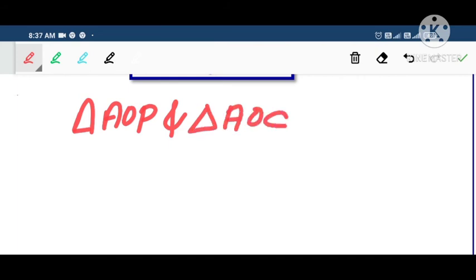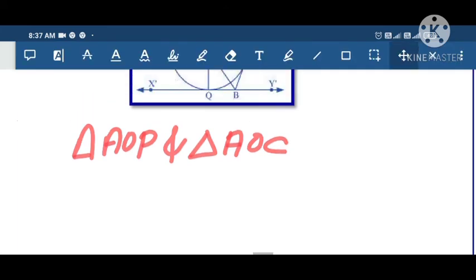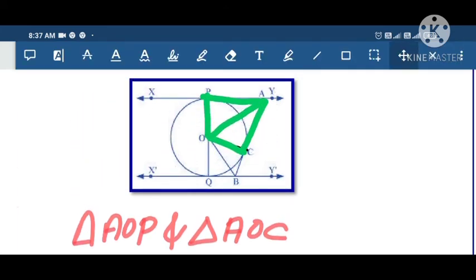Already you know the similarity and congruence of triangles, the side criterion, the angle side angle criterion. So many criteria we have learned in congruent triangles.